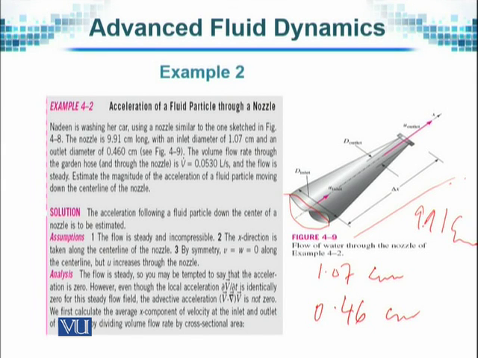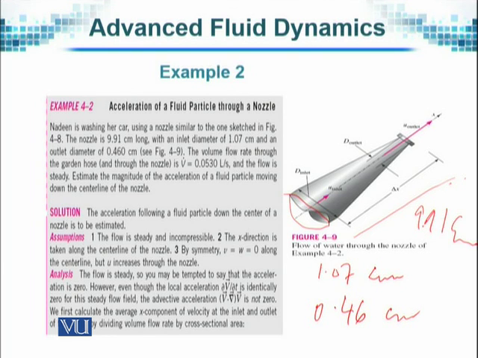The fluid flow is given to be steady, it doesn't change with time, and one may think that since it does not change with time, there may be no acceleration. No, there will be acceleration, because the velocity in the beginning is less and the velocity at the exit is much higher.